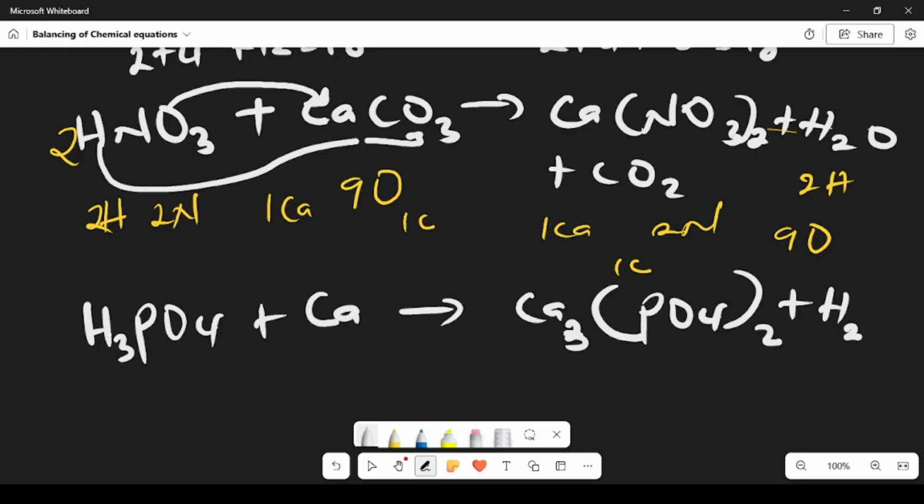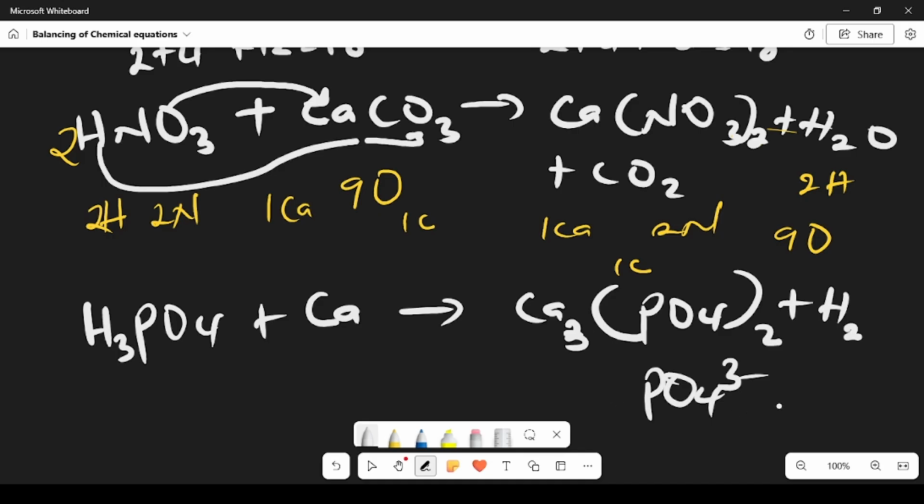So this is H3PO4, hydrogen tetraoxophosphate 5 acid. It is a phosphoric acid. Yes. Reacting with calcium to form calcium tetraoxophosphate 5. So the reason why I have these three here is because our PO4 is like this, PO4 3 minus.